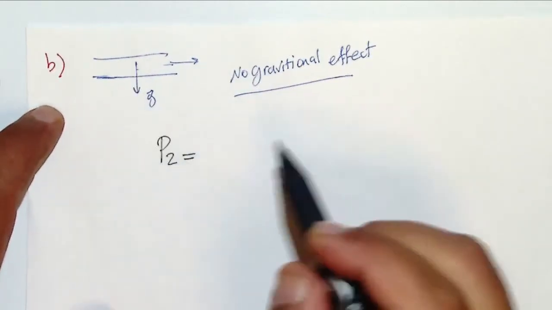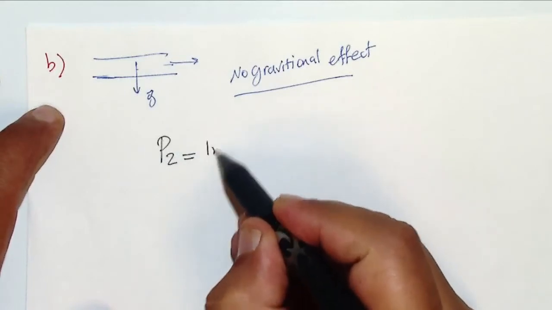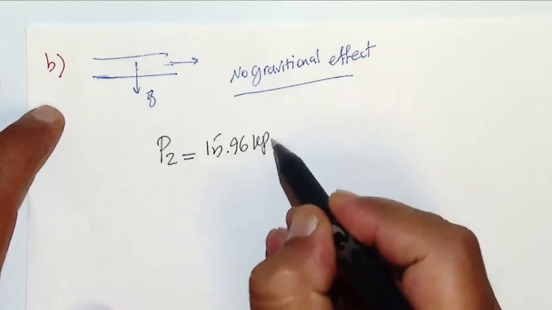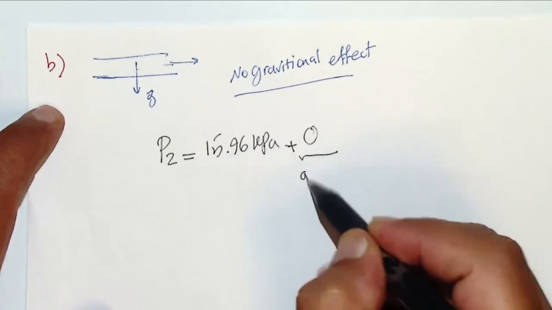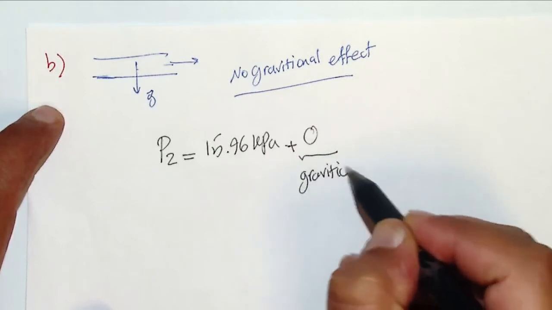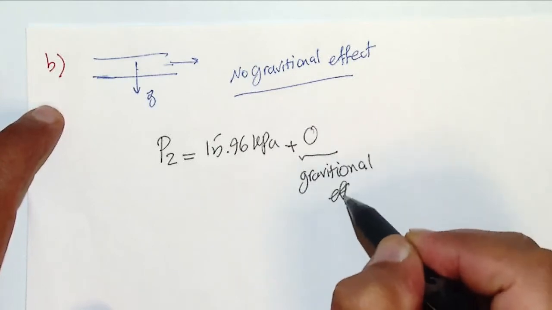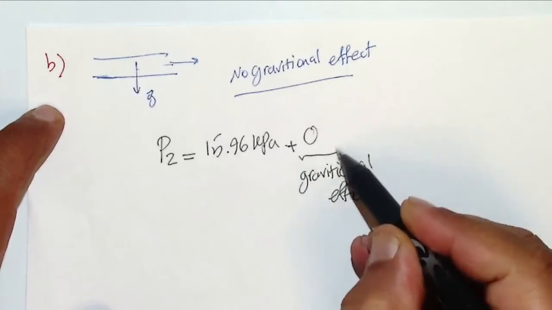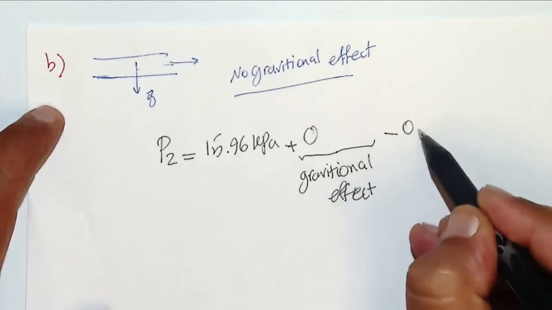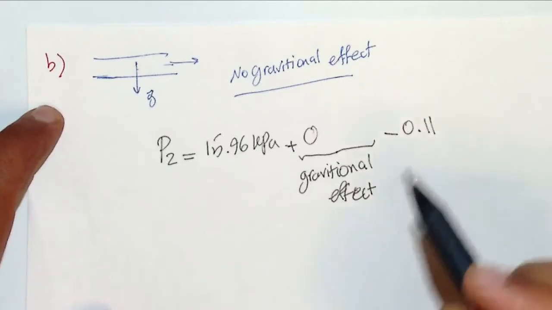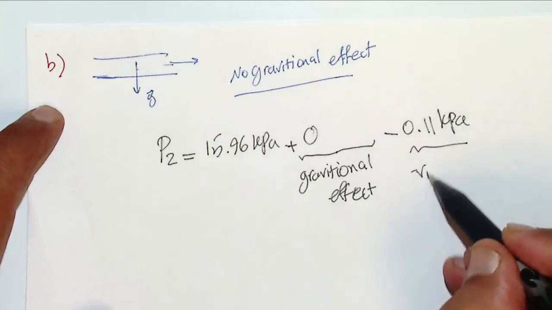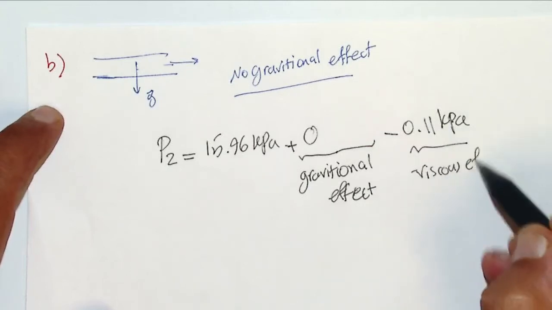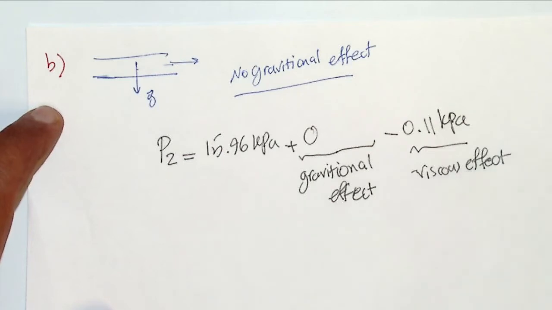So P2 is going to be P1, which is 15.96 kilopascal, plus 0, because the gravitational effect is going to be 0, minus, again, viscosity is by itself another term and it has to be there, so it's going to be your viscosity effect. Nothing changed, only you make the gravitational effect 0.